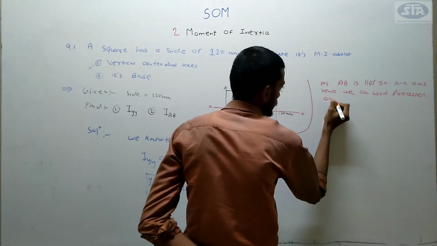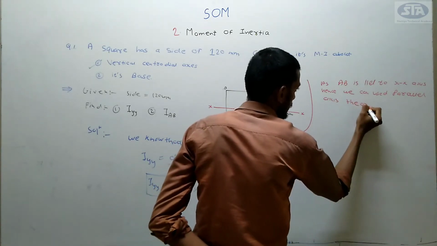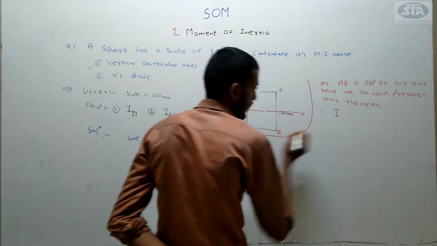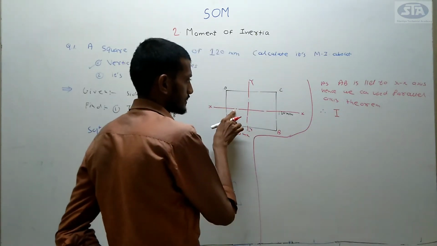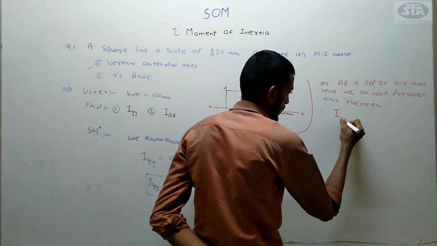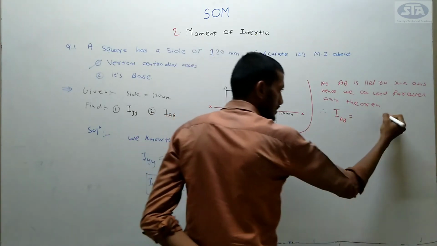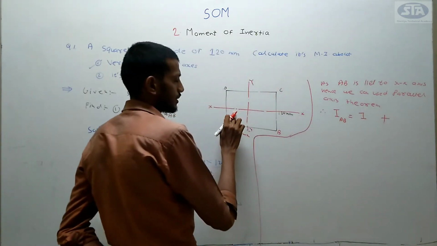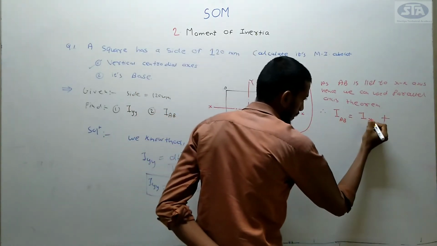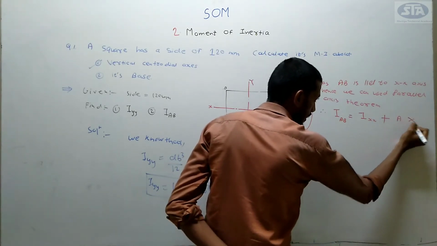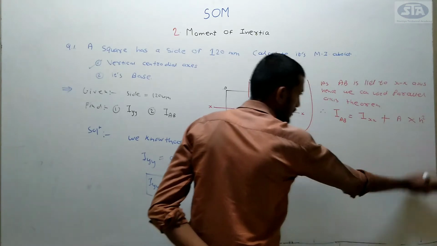The parallel axis theorem says that the moment of inertia about a line parallel to the x axis, the line parallel to the x axis, that is AB, is equal to the sum of the moment of inertia about the axis passing through the centroid, that is Ixx, and the product of area and square of the perpendicular distance between the two axes.